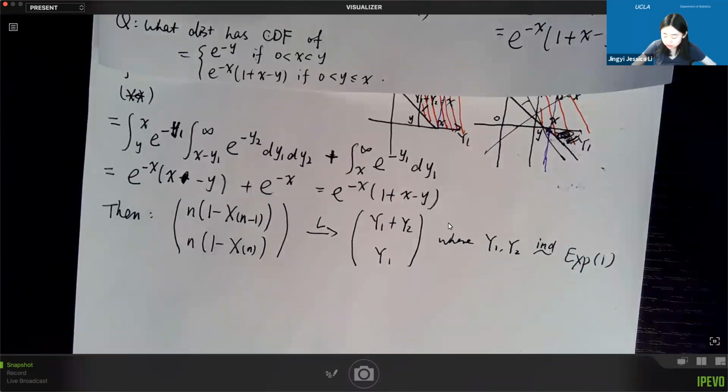If you have n independent random variables, uniform 0 to 1, and you take the adjacent distances between your ordered statistics, then those distances are asymptotically independent. And if you multiply each distance by n, then each distance is asymptotically exponential 1. So that's a very interesting result.